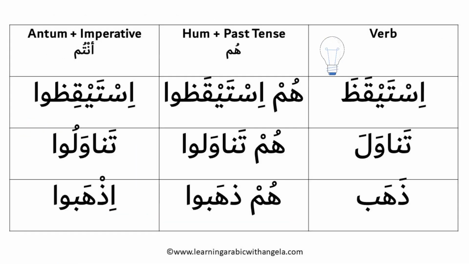Now let's work with some examples. The verb استيقظ, verb to wake up. In the past tense conjugated for هم: استيقظوا. In the imperative conjugated for أنتم: استيقظوا.